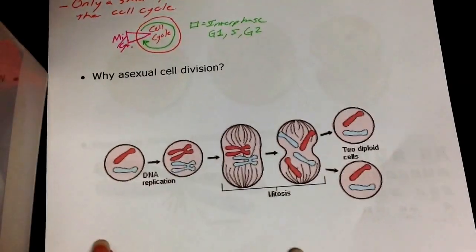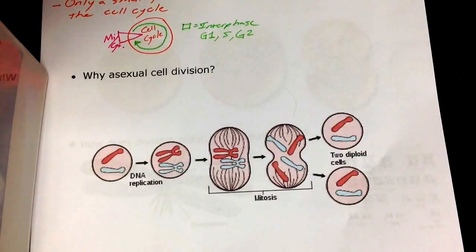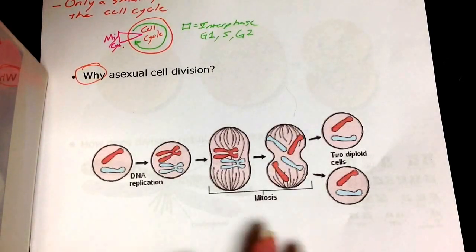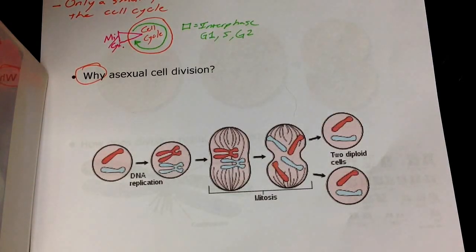But moving along, so why do we want asexual cell division to occur? And we really do want to get comfortable with the idea of the why and the how, the details of this process. So why do we want asexual cell division?